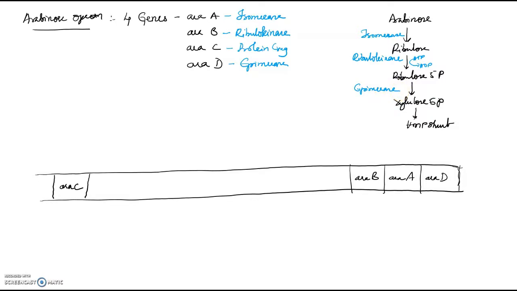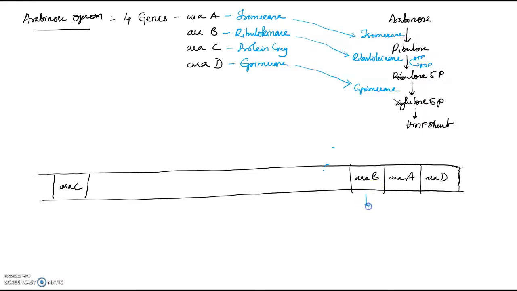So all these three enzymes in a metabolic pathway are arranged sequentially on DNA to form an operon. ARA-A, ARA-B and ARA-D are the three genes coding for our three enzymes.